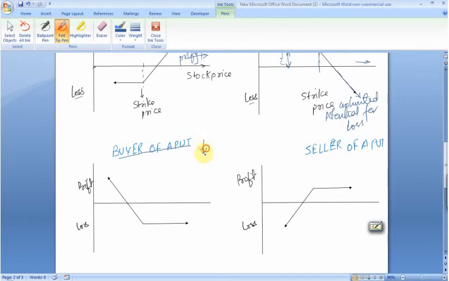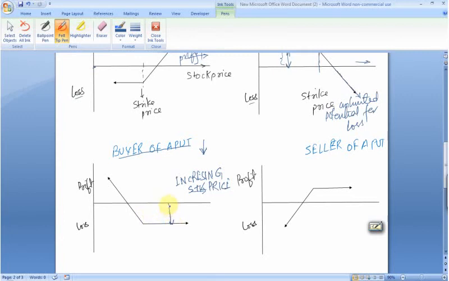He wants the stock price to go down, and if you look at his graph, you see that as the stock price increases, he's losing money.